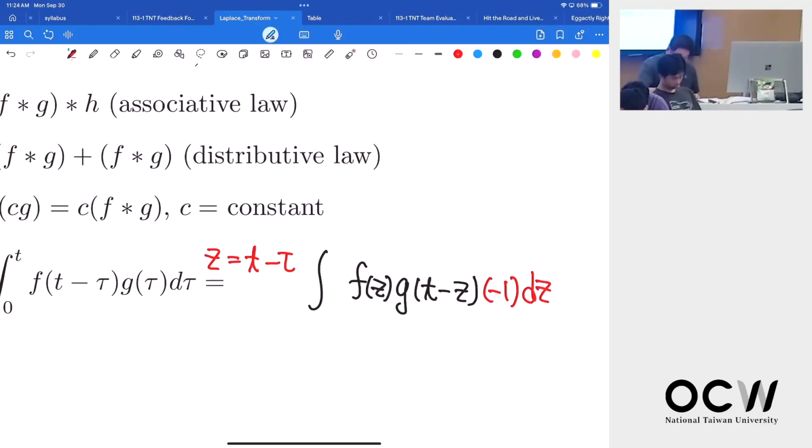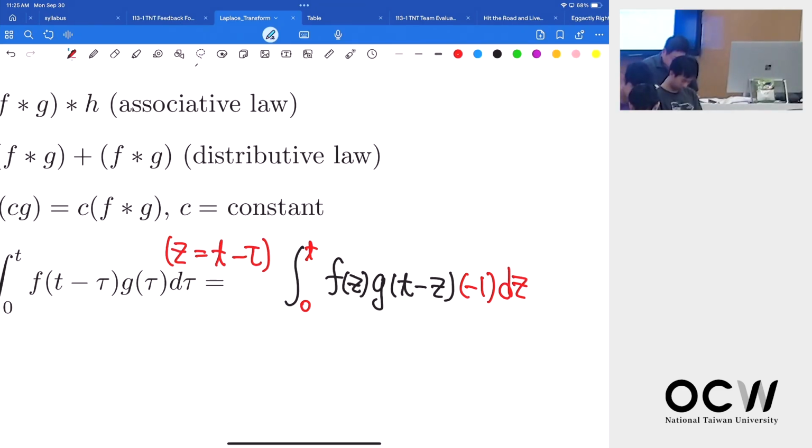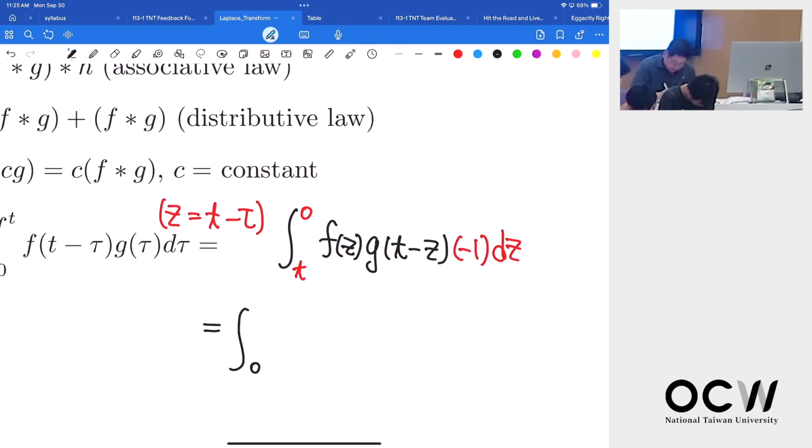So the limits go from t to 0, and if I change them to 0 to t, I have g of t minus z, f of z dz.